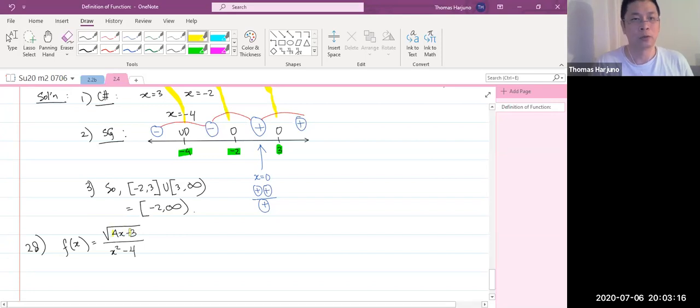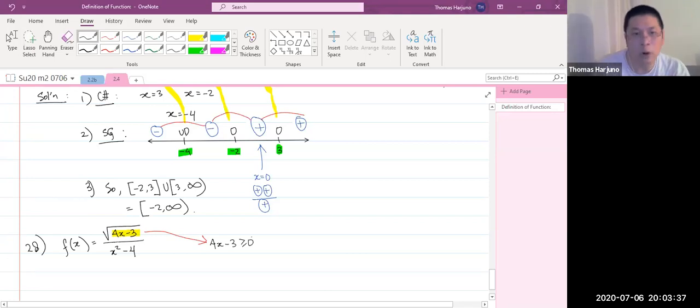So first one, 4x minus 3 has to be greater than or equal to 0 because it is inside the radical.